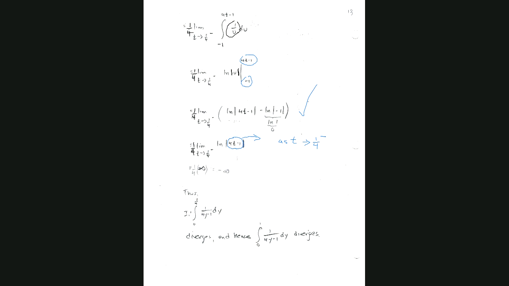I like answers, all answers. Okay. 4t minus 1 approaches 0 as t approaches a fourth. But you notice I don't put a fourth in for t because, well, what is the log of 0? -infinity. So therefore, this is an example of where we have divergence.